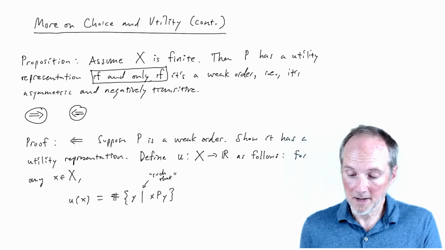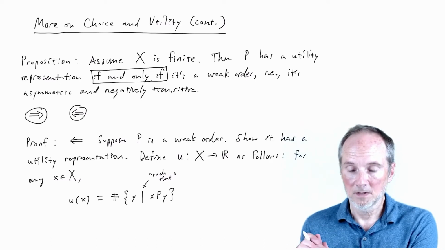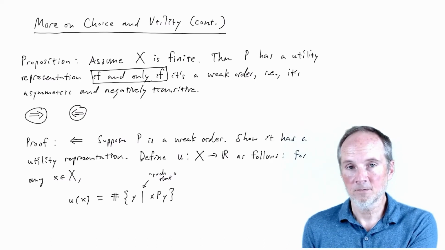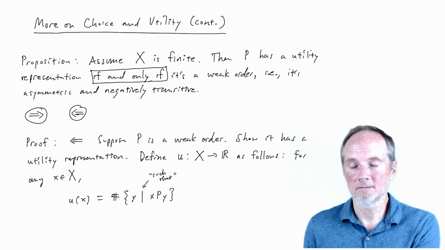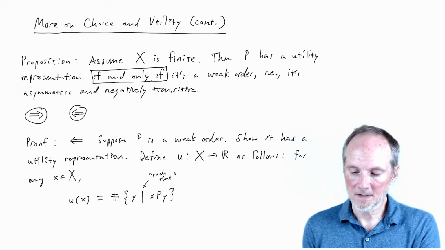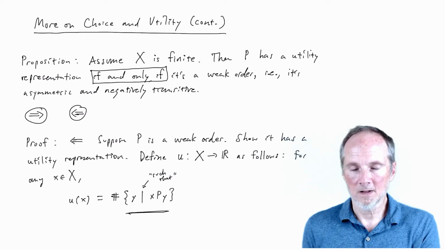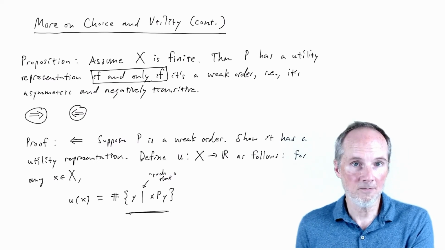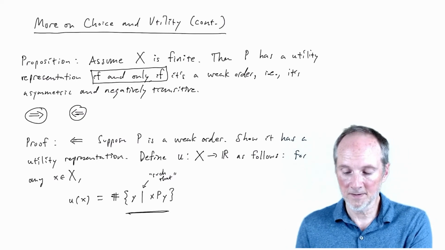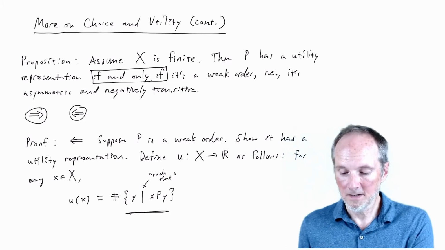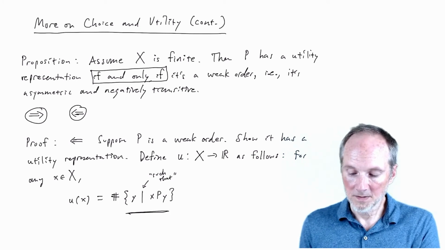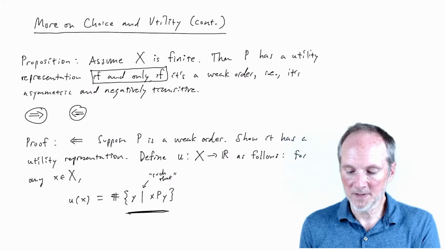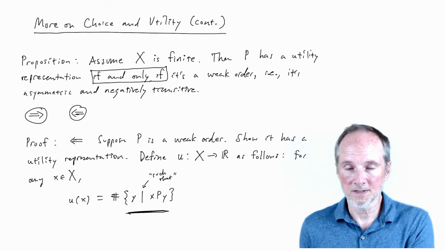I should say, if x is the lowest ranked alternative in the ranking, there won't be anything underneath it. In that case, the set here we would call empty because there would not be anything in there. If x is the worst alternative, then there's nothing worse than x. So it might be that this set has no elements, in which case the utility is just going to be 0.